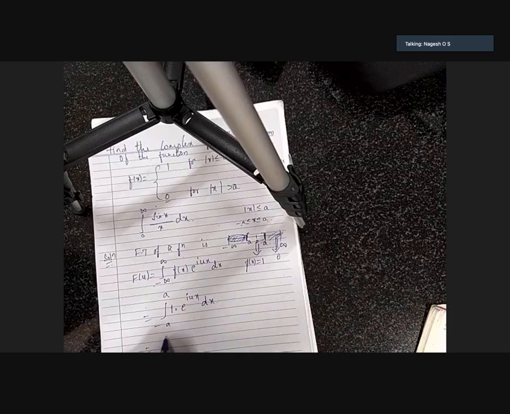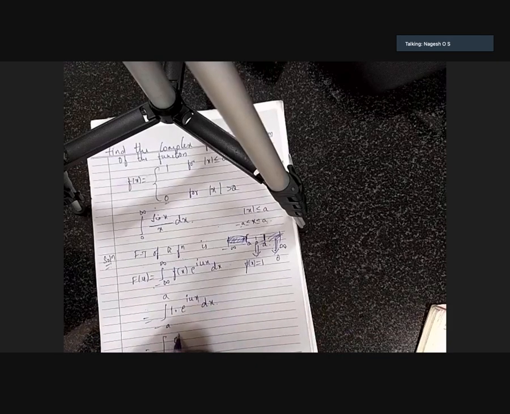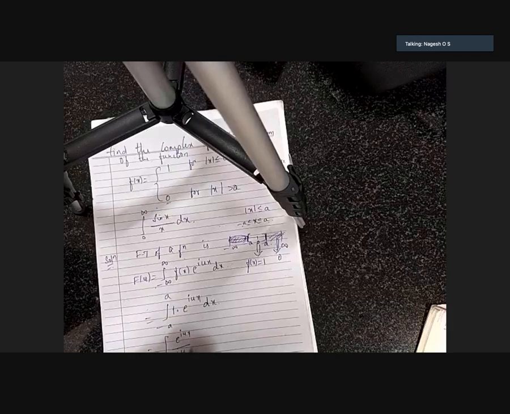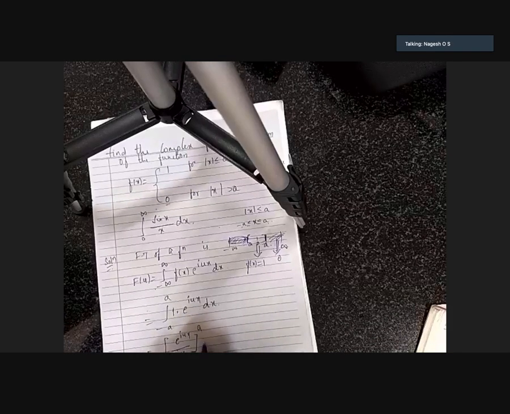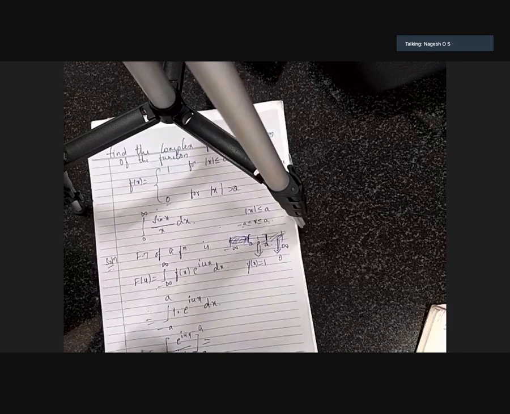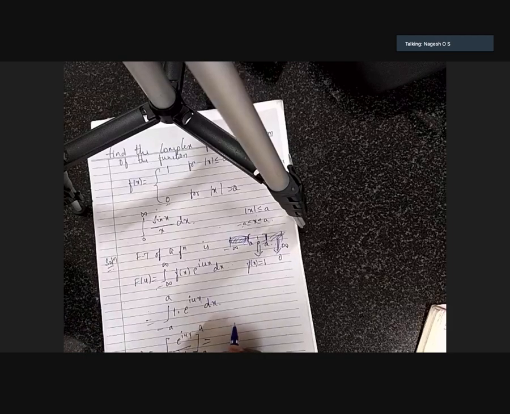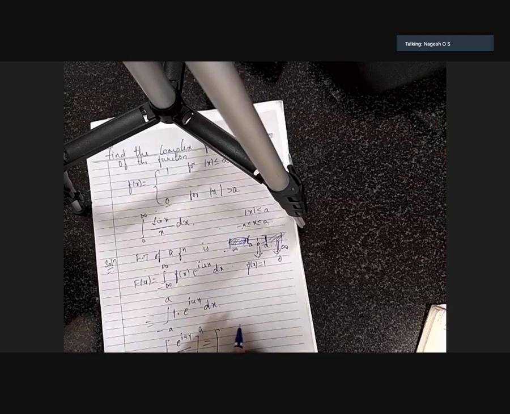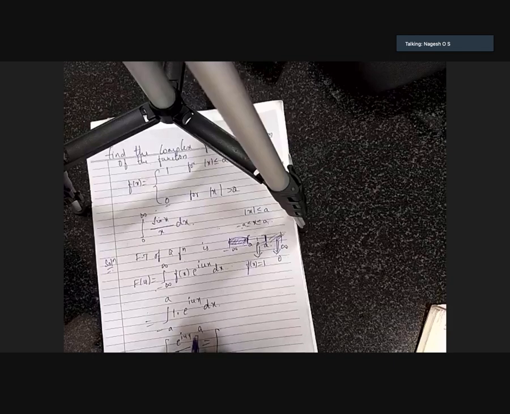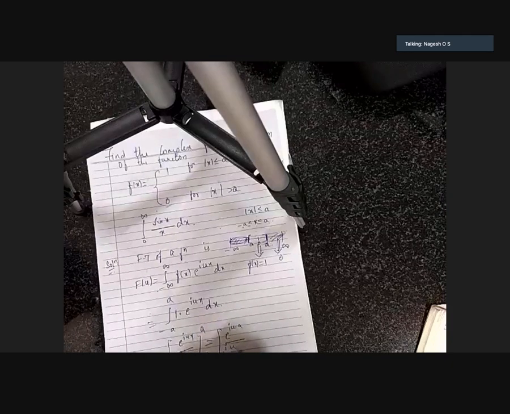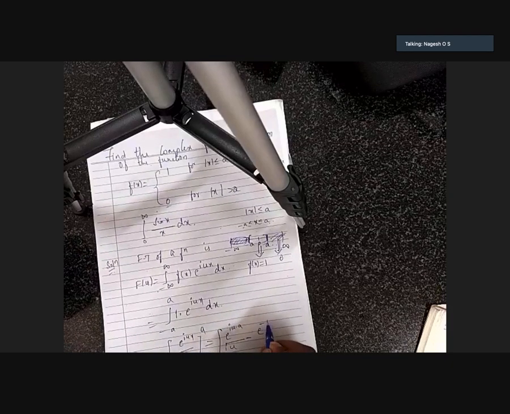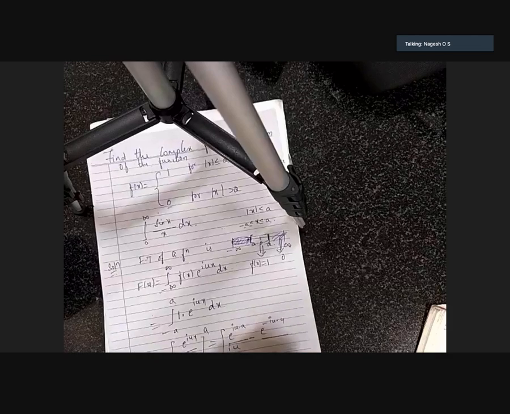Now integrate this. What is the integration with respect to x? e power iux by iu, from minus a to a. This is equal to, in place of x, a: e power iua divided by iu minus e power minus iua divided by iu.